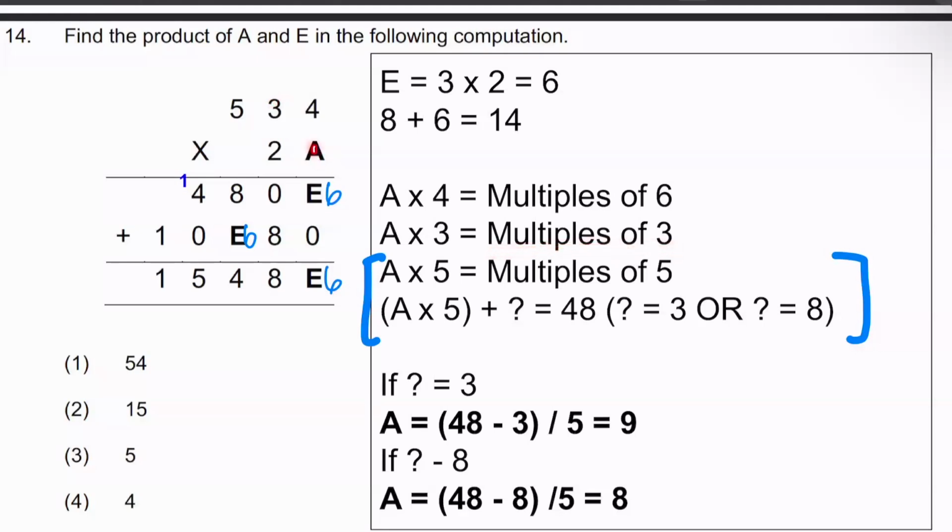And then A times 5 definitely can be a multiple of 5 because you multiply by 5, right? But however, if you notice here, if A times 5 must be a multiple of 5, how come this is 48? Why is this 48?